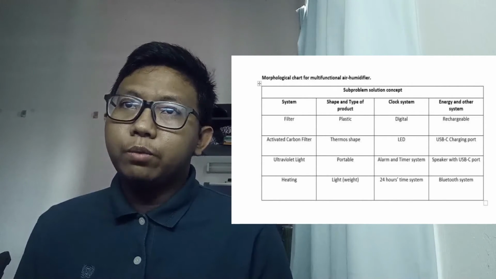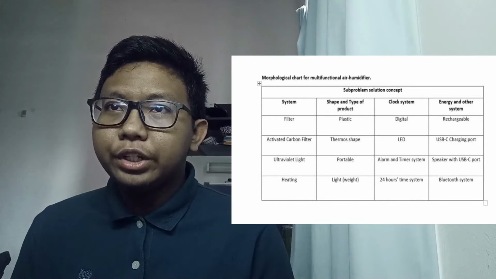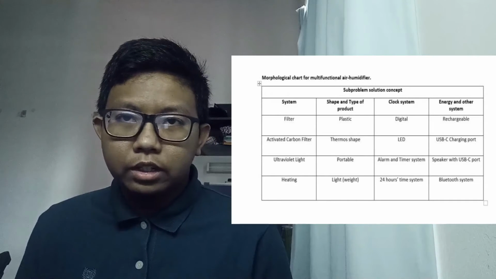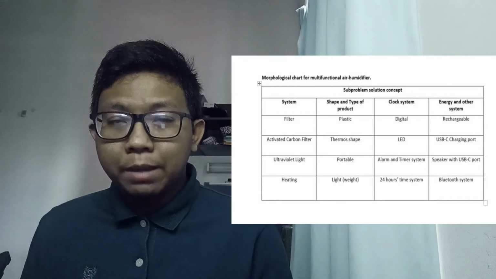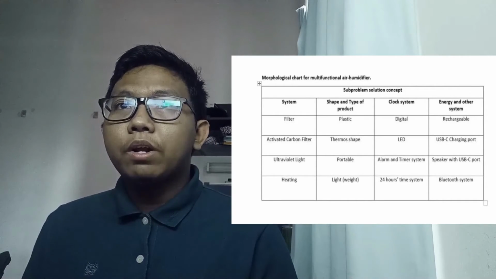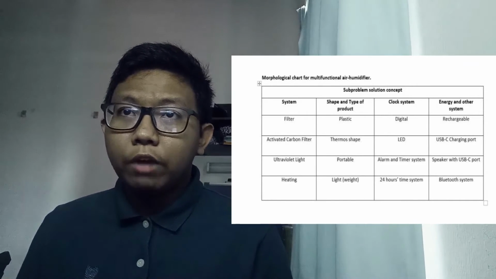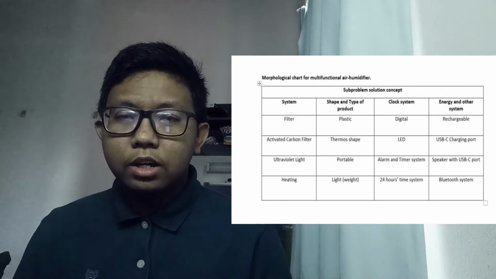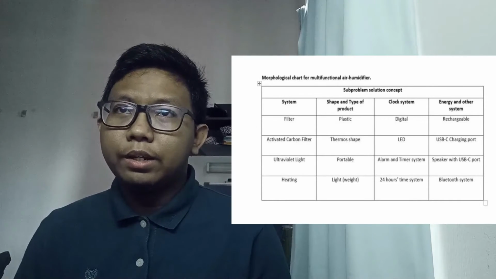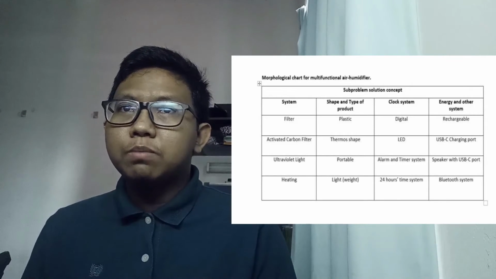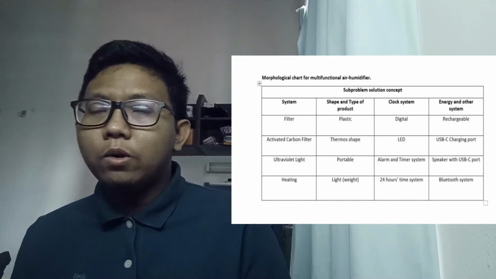For the clock system, we found that it has digital, LED, alarm and timer systems, and the important thing is that this clock is a 24-hour time system. Next is the energy and other systems. This product is rechargeable and uses USB-C, because this product has a USB-C charging port, a speaker with a USB-C port, and also a Bluetooth system.